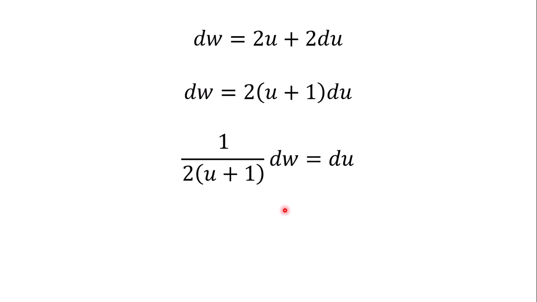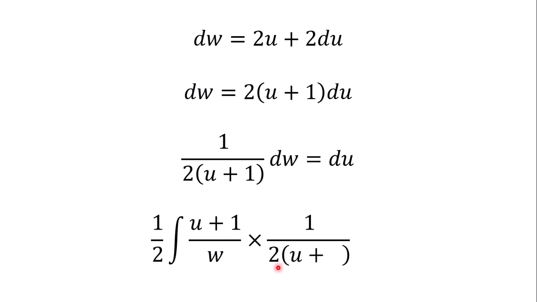In the W world, we will replace the u with 1 over 2 into bracket W minus 1. This will cancel out with this.